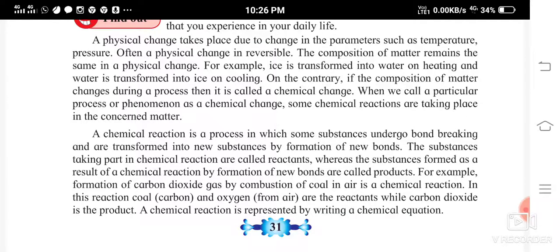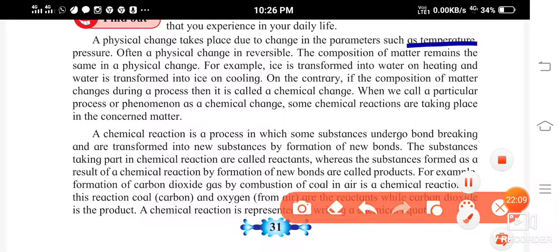So this is a reversible change, isn't it? So usually physical changes are reversible, and they take place with changes in temperature and pressure.